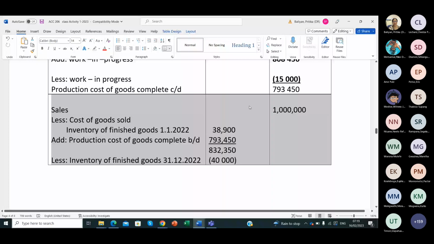Then from that we subtract the cost of goods sold. So when you are calculating the cost of goods sold for a business that makes goods, they always have some stock of goods which are already manufactured but not sold. So they have some finished goods at the beginning of the year, which were sold during the year.